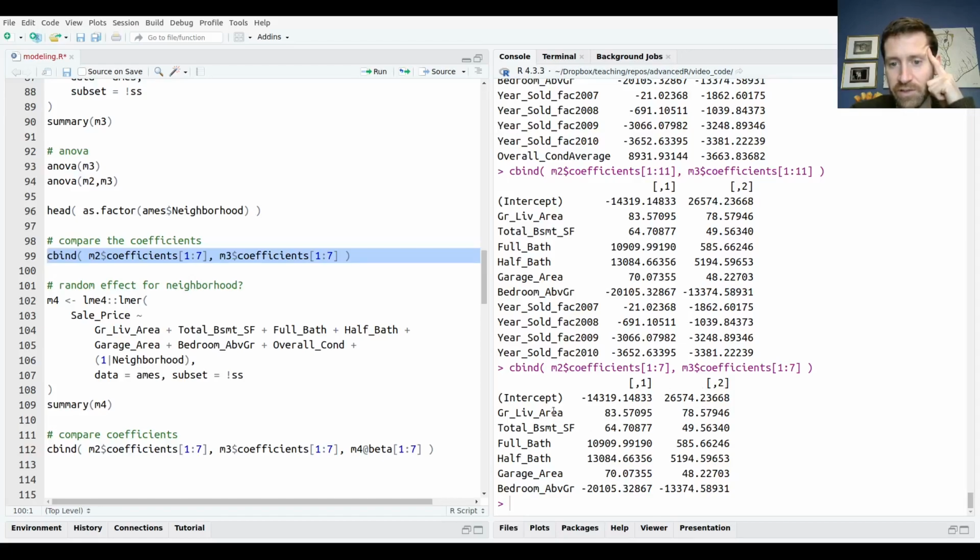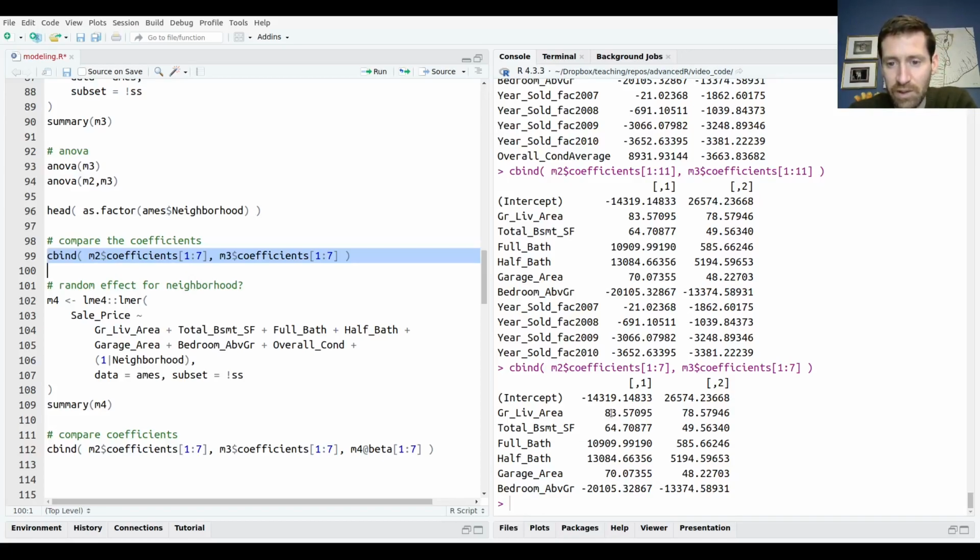These are the coefficients for these variables, but in the more complicated model that has neighborhood. And what you'll tend to see when you add a variable like neighborhood, which explains a lot and has a lot of information in it, is that the size of the coefficients for all the other variables tends to shrink. It won't always, but it tends to.